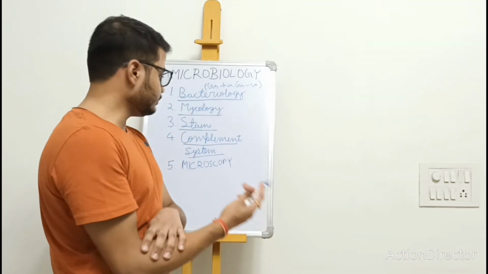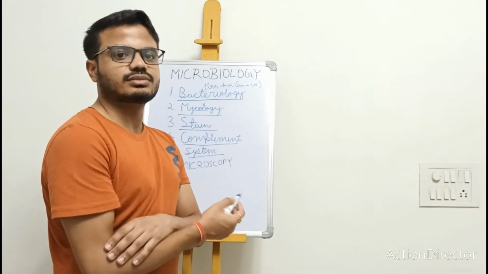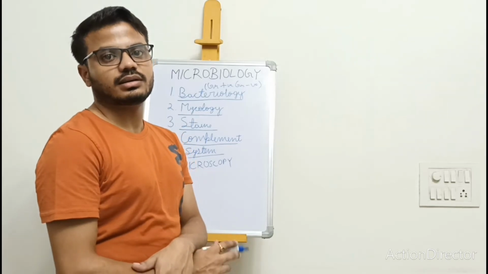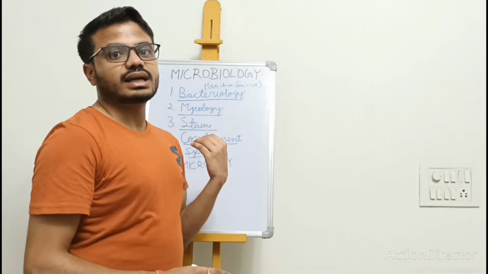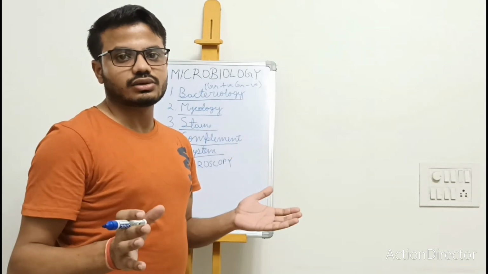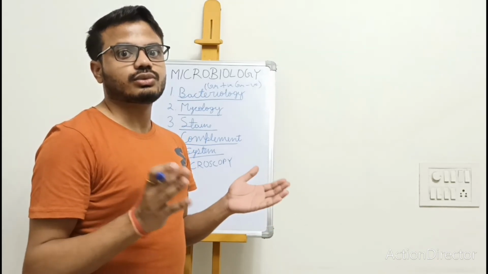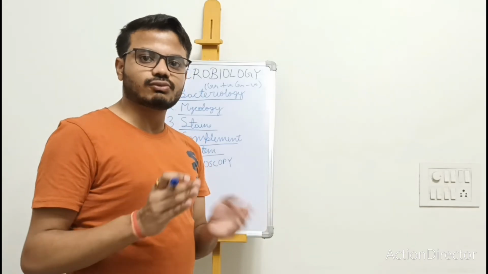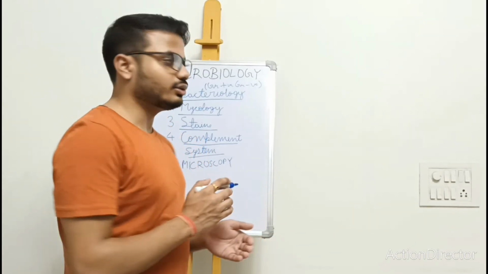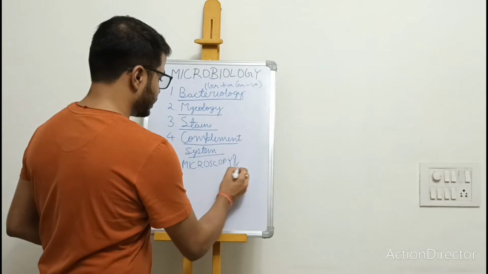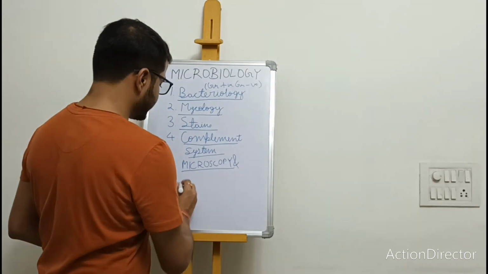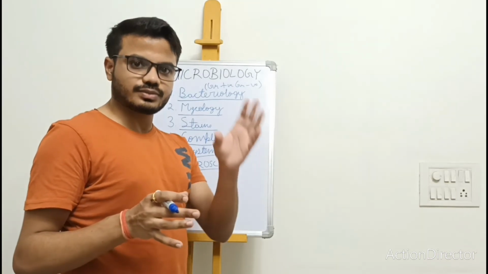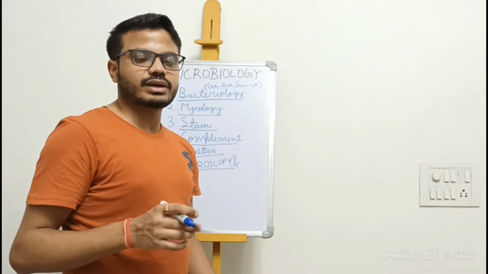Then complement system you must know. Then in others you can do general microbiology, like you have to know about the various media. Just go through this once. In general microbiology you have to know about microscopy. Basically just follow the light microscope, see the parts of the light microscope.